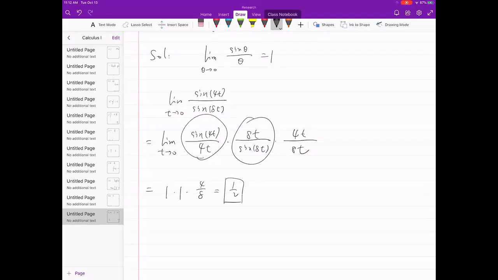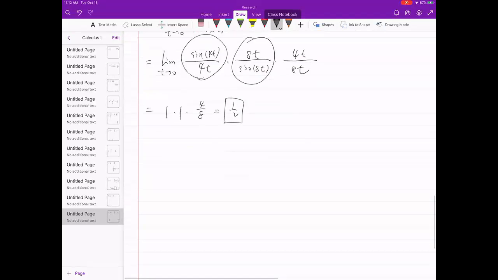All right. Canyon? Would you be able to go over 3.3 number 9, please? All right. Let's see. Find the equation of the tangent line to this at the point this.